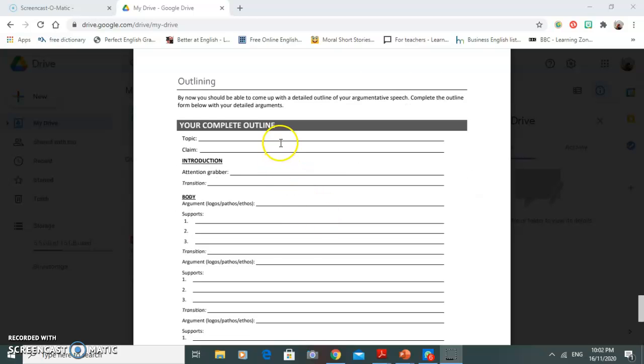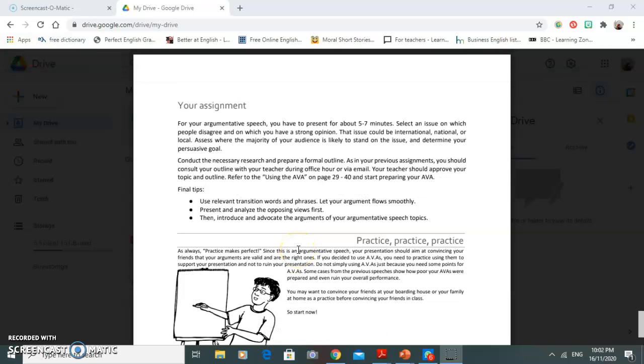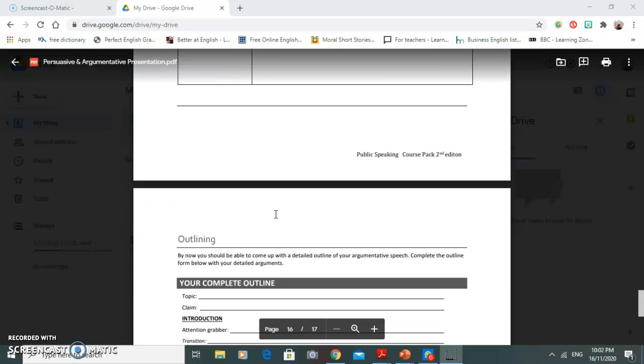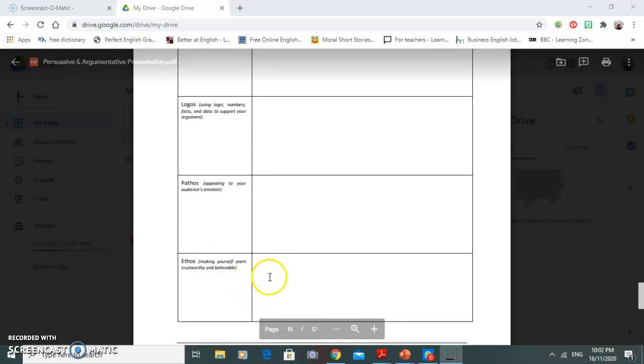You can also complete this outline. And after you have the outline and also the script for your presentation, make sure you use a strong statement to support this point.